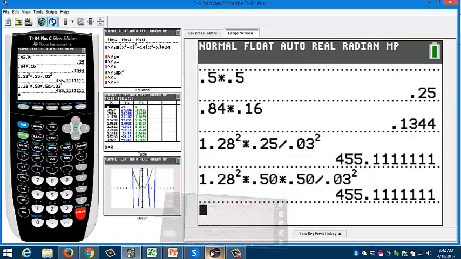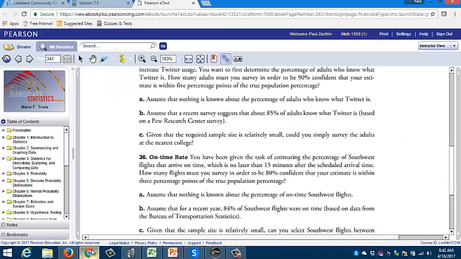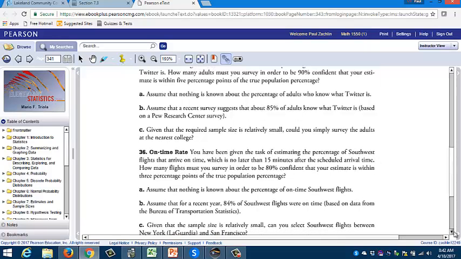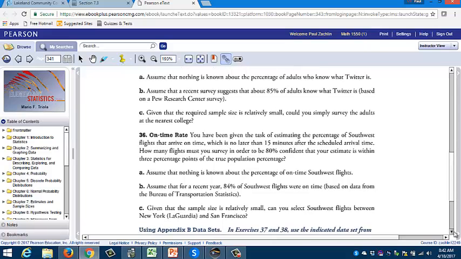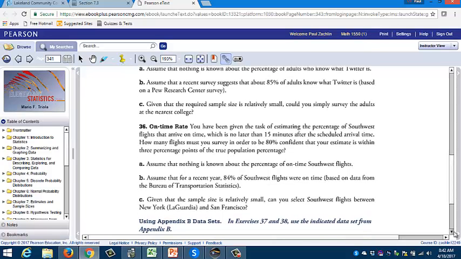Oh, we didn't answer part C of the problem. What did it ask? I saw it, but I only briefly looked at it. Given that the sample size is relatively small, can you select Southwest flights between New York and San Francisco?